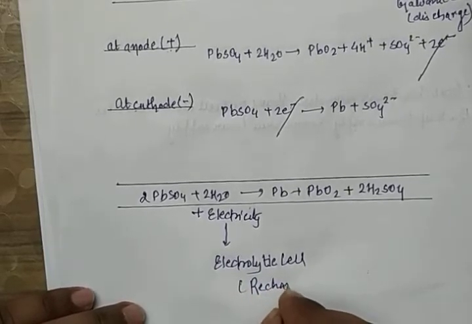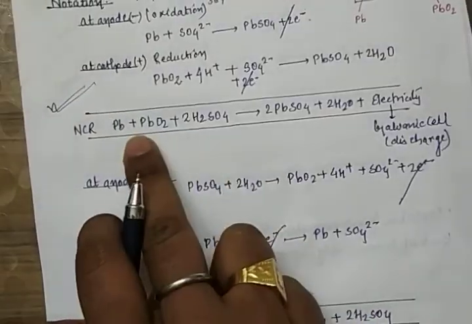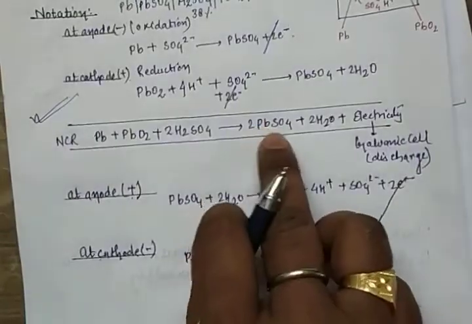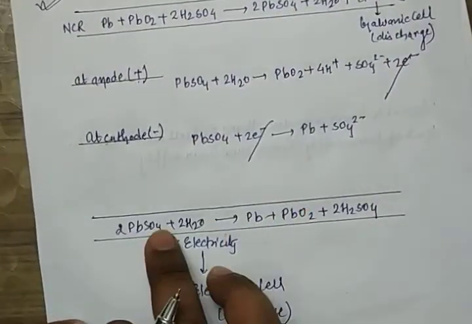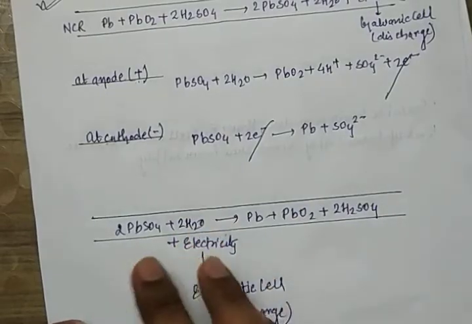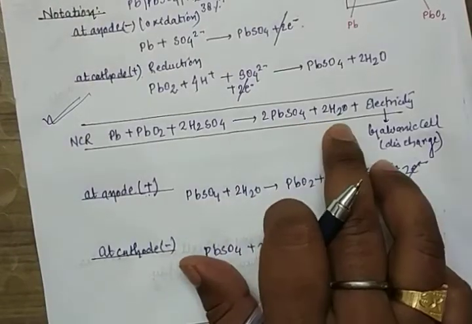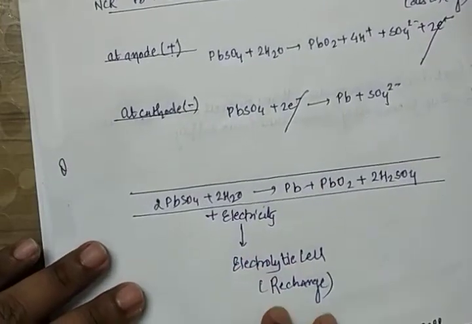So both processes are there. So just check, this reaction is opposite to this reaction. In this case, the 2PbSO4 and 2H2O are on the right hand side, and in this case the 2PbSO4 and 2H2O are on the left hand side. So on the right hand side it works as a galvanic cell, and here it works as an electrolytic cell.